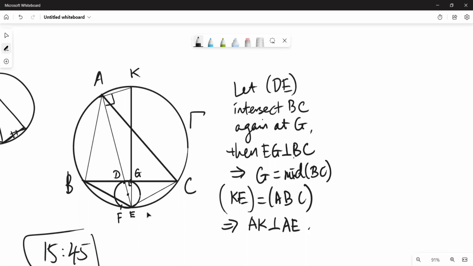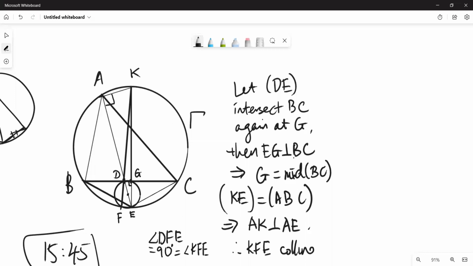And therefore KDF collinear, you mean? Yeah, they are collinear. So it passes through D, because DFE is 90, which is also KFE. And therefore they are collinear. So K, F, D are collinear.